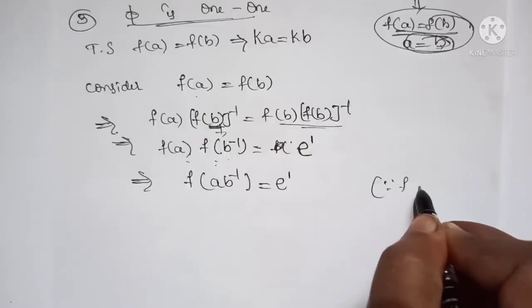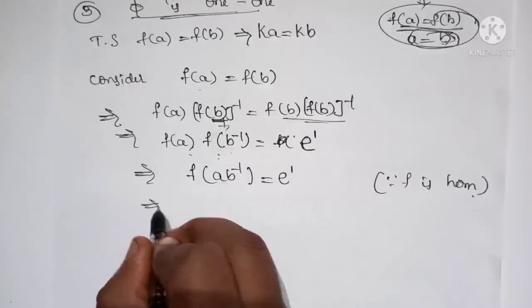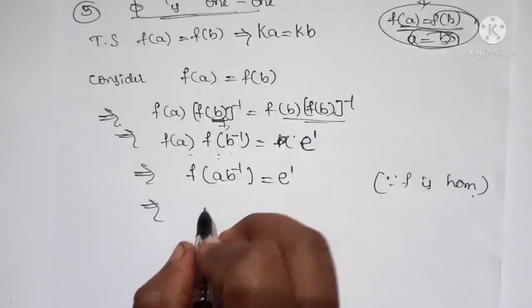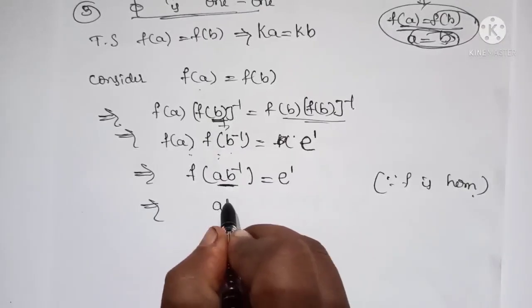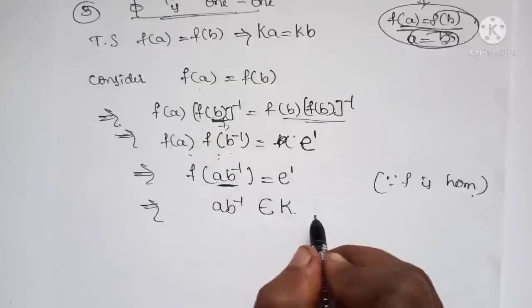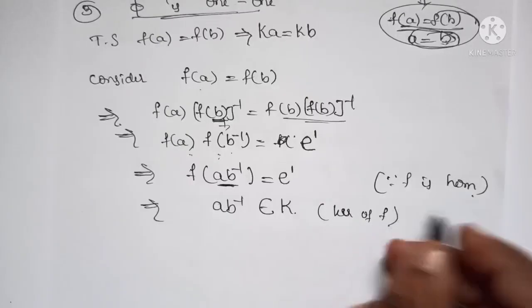Since f is a homomorphism, if the image of any element is equal to the identity element, then that element belongs to the kernel K. So that means a b inverse belongs to kernel K, that is the kernel of f.